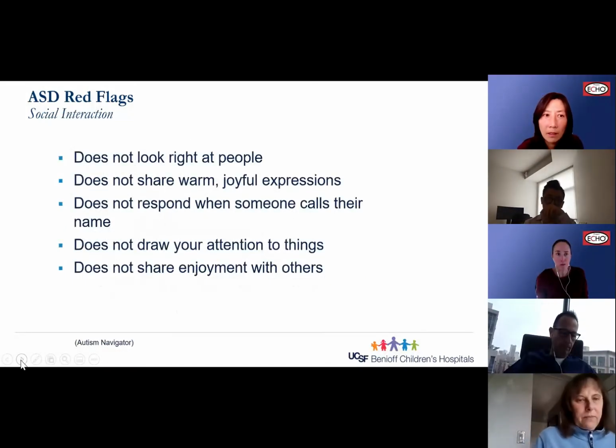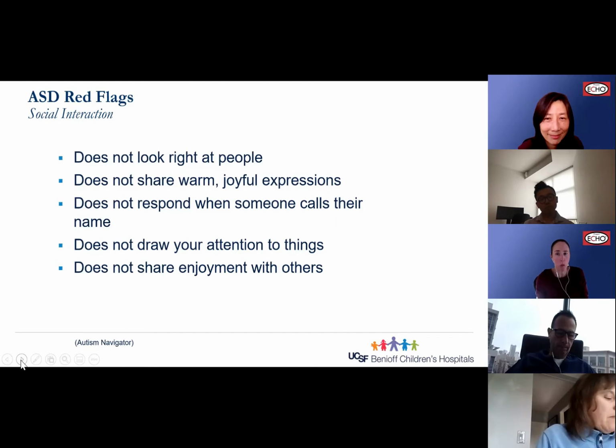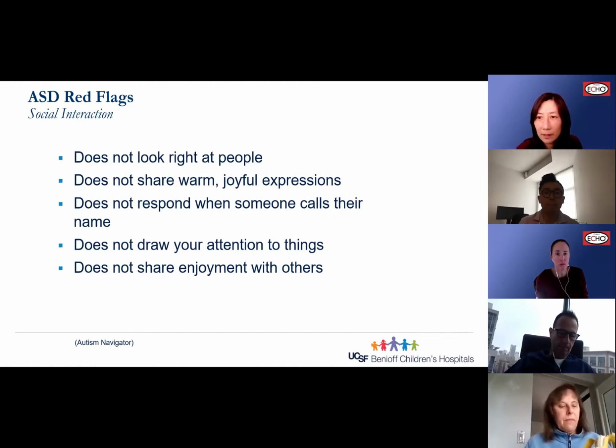So some more red flags, within that same bucket, but around some of the interactions. So again, if they are interacting with others, are they making eye contact? Are they having these shared moments where their affect is appropriate, where they're playful, where they're smiling, sharing those moments with a parent?